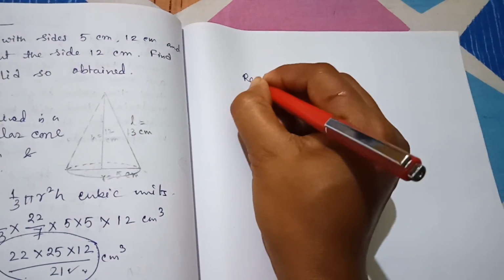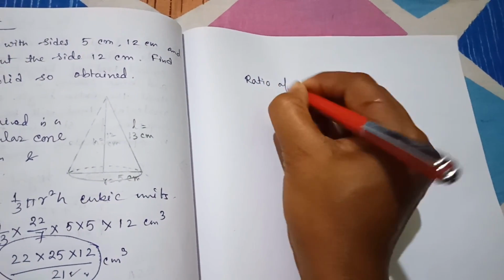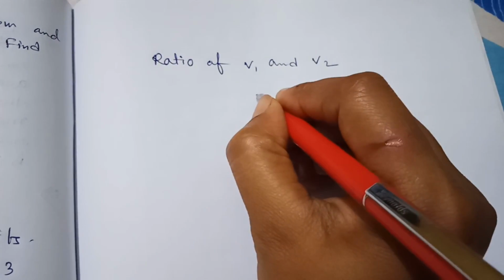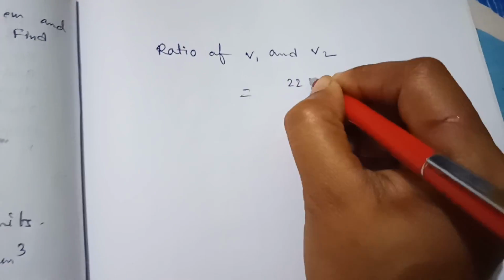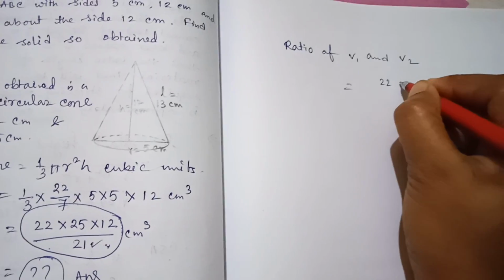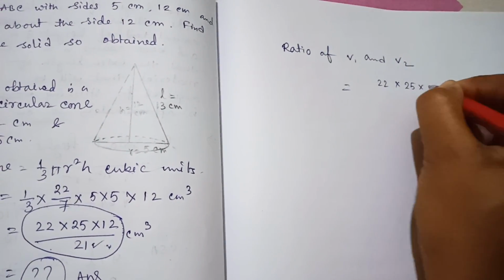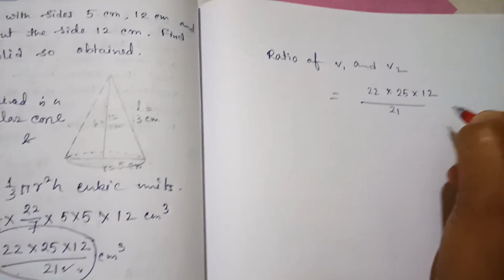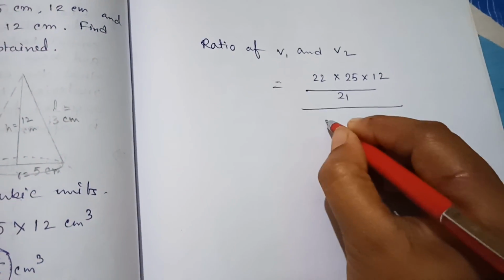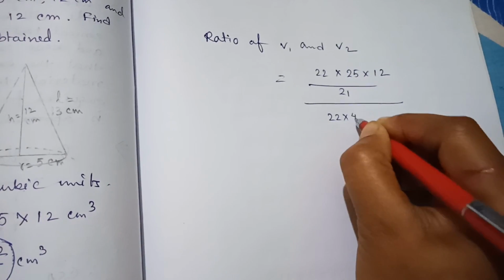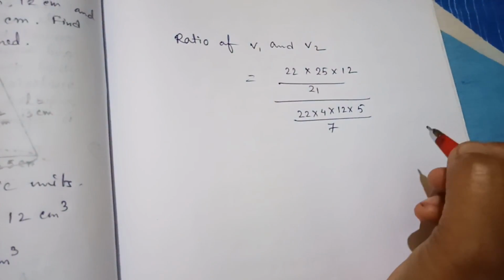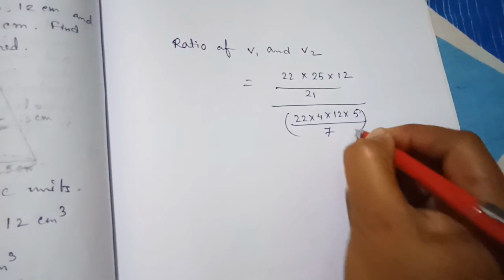So we will find out the ratio of, suppose, volume 1 and volume 2. Volume 1 is 22 into 25 into 12 divided by 21, and volume 2 is 22 into 4 into 12 into 5 divided by 7.